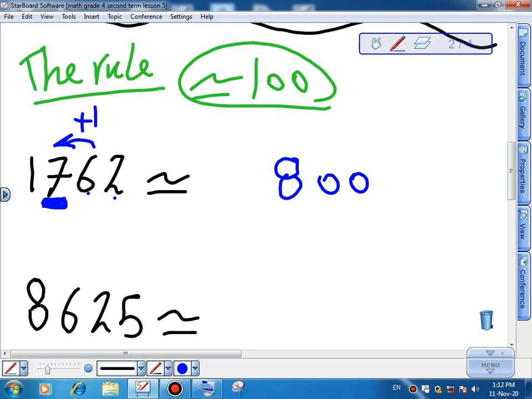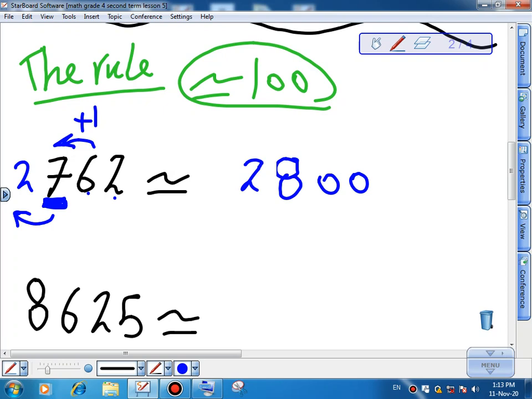And there is another digit here after the number 7, which is the thousands place. The thousands digit will be 1, so 1 will stay 1. If it were 2, it would stay 2. We never change the digit after the hundreds place.